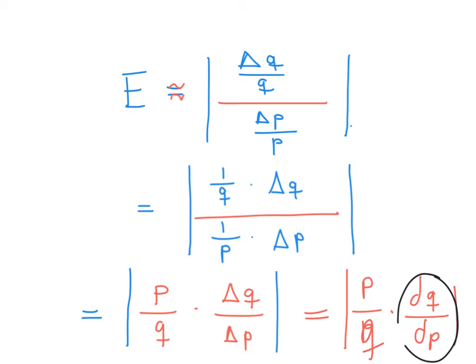So if you want to compute this elasticity, you just need to remember this formula and plug in your function. What you're usually given, and that's also the case in the quiz problems, is a demand equation.